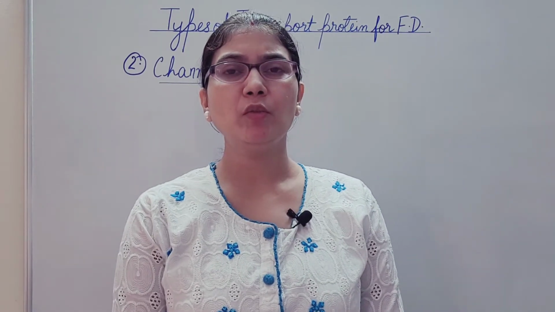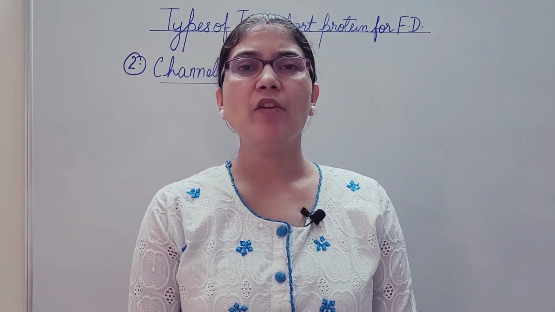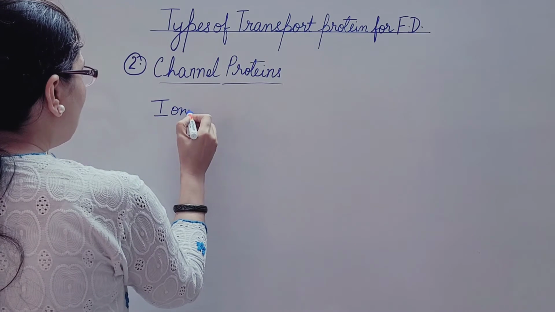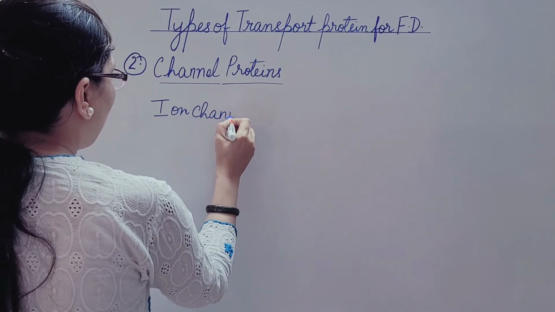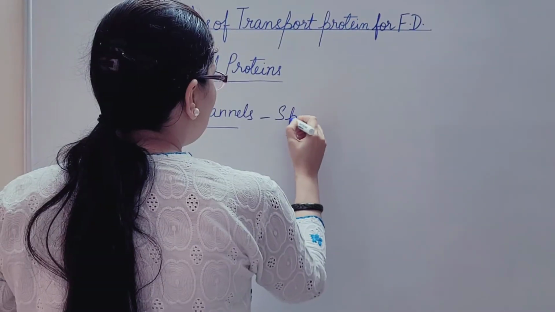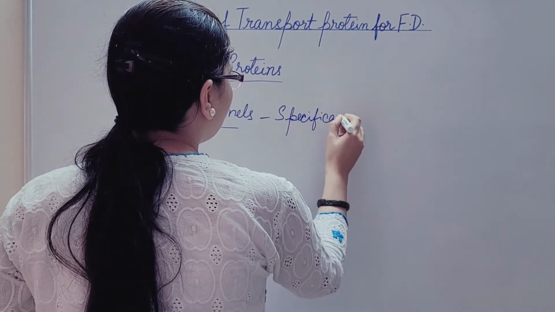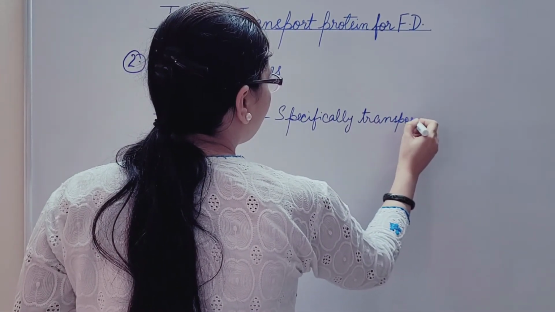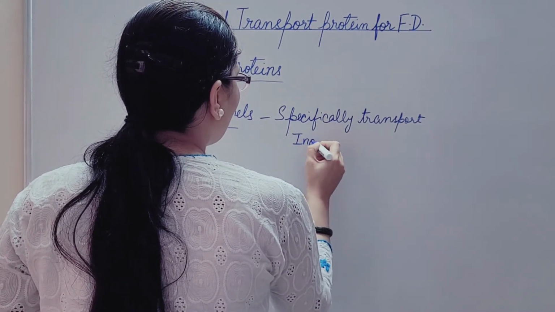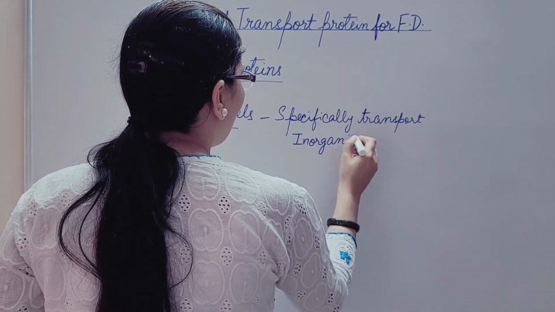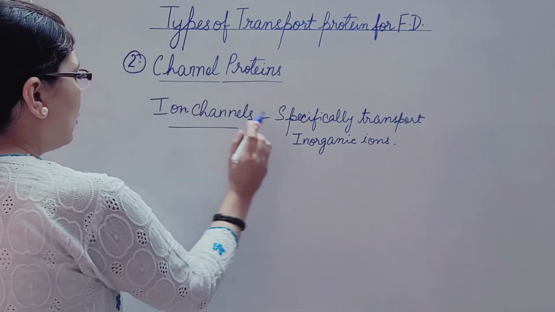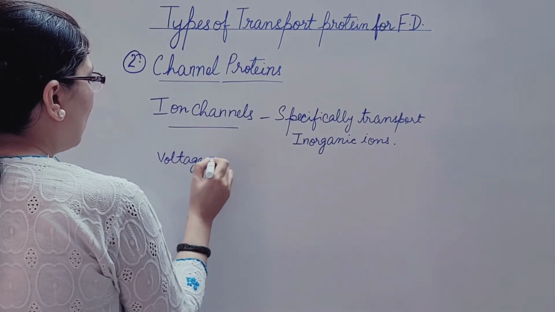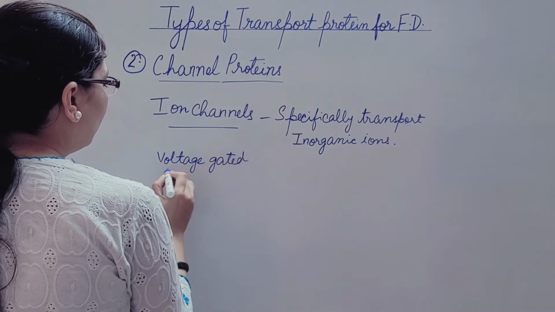Depending upon the type of molecules transported by the channel proteins, they are of different types. One is ion channels. These specifically transport inorganic ions. These ion channels are not permanently open. Some are voltage gated ion channels.